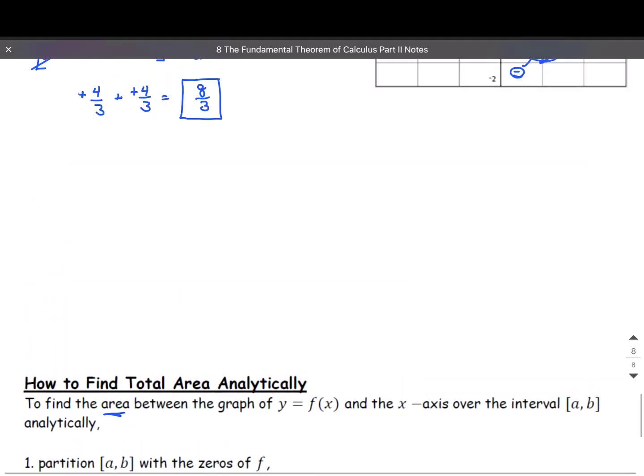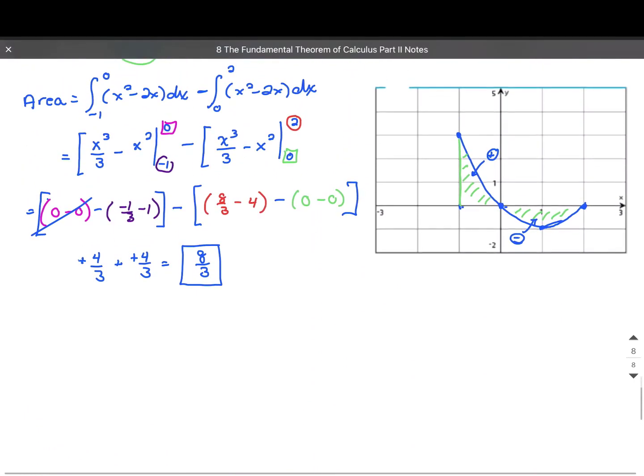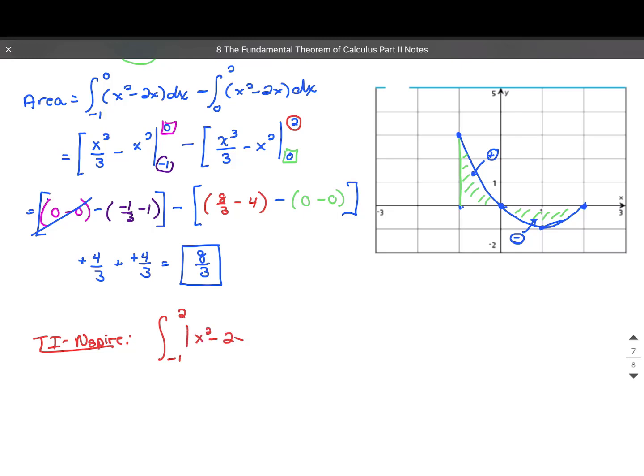So in other words, if we went back to this problem and we went to our TI Inspire, we could type in the integral from negative 1 to 2 of the absolute value of x squared minus 2x dx, and it should give us this same answer of 8/3.